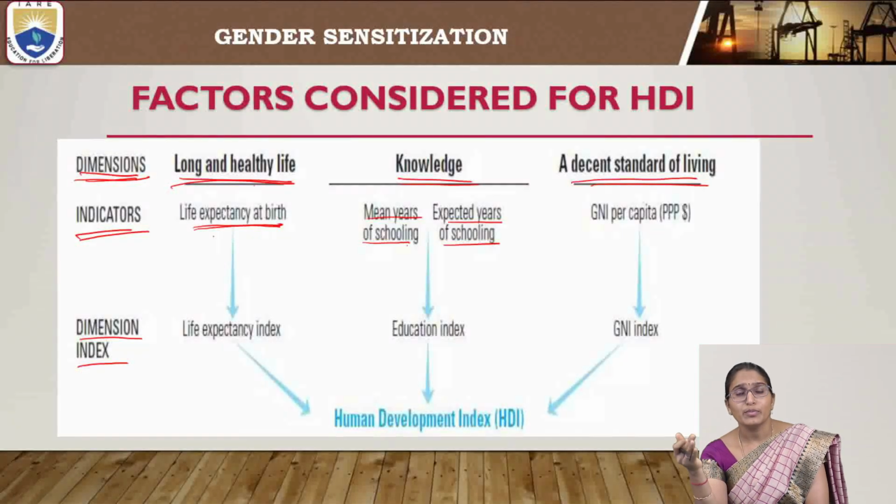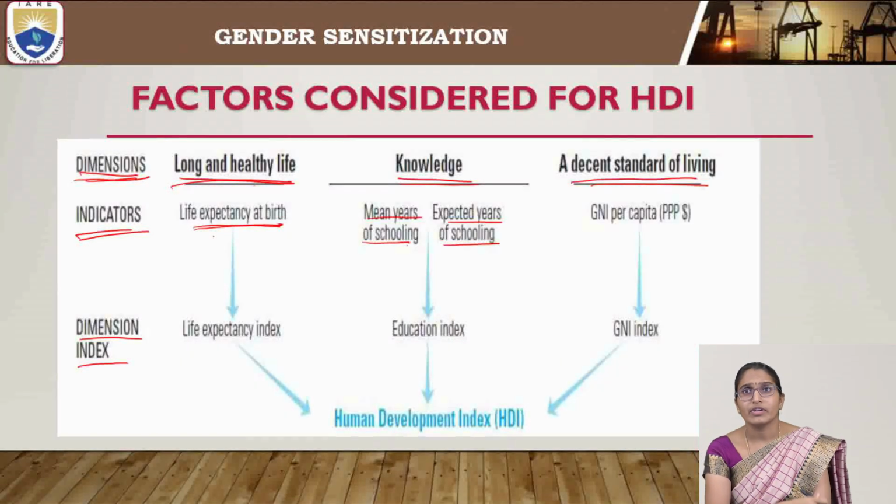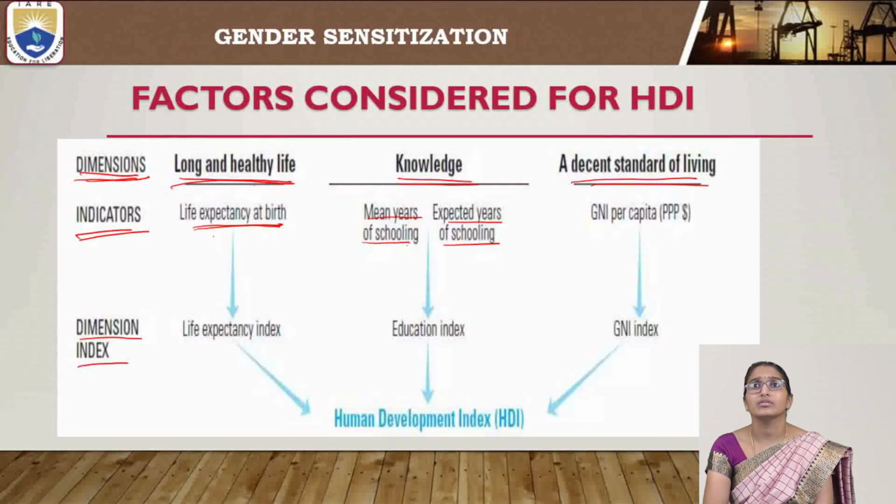It is the average number of years of people who are going to school, and the expected years of schooling. Then coming to the economic side, that is the gross national income per capita. So what is the income that you are getting?